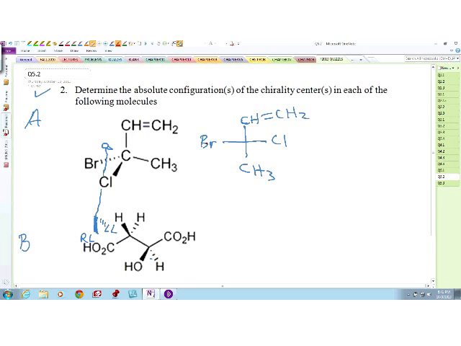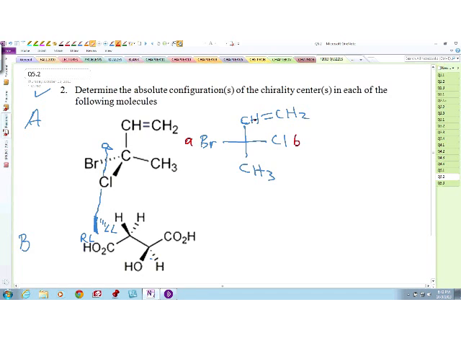Priority first, right? What is priority A? Bromine, based on atomic number. Priority B? Chlorine. Now, priority C. The alkene. Very good, excellent. In this case, you have this carbon here, and you also have a carbon here. This carbon is doubly bonded to this carbon.